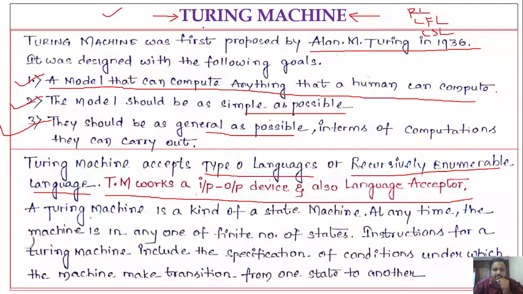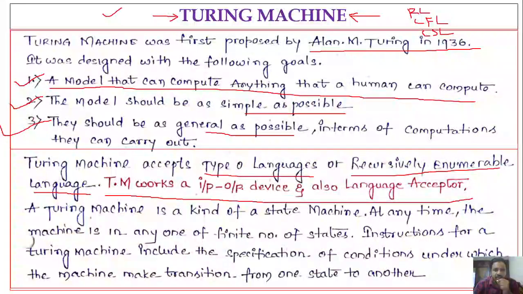So by using this Turing machine, we can accept a particular language, or we can design a Turing machine that accepts a particular language, and the Turing machine can also be used for performing some sort of computation, right? So the computation here means it could be any arithmetic operation, so that takes some input and produce some sort of output, right?